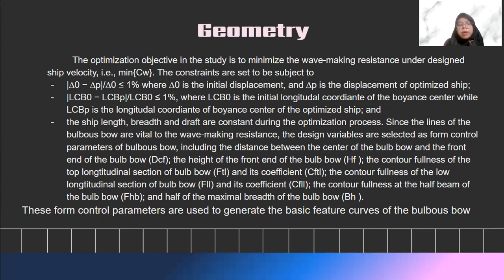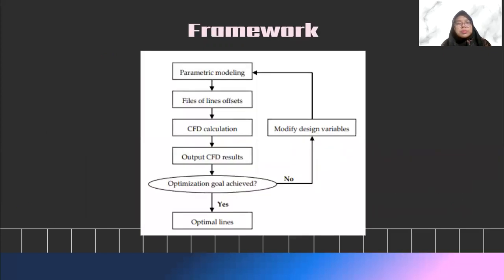These form control parameters are used to generate the basic feature curves of the bulbous bow.